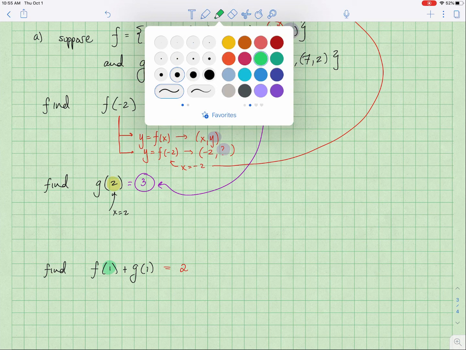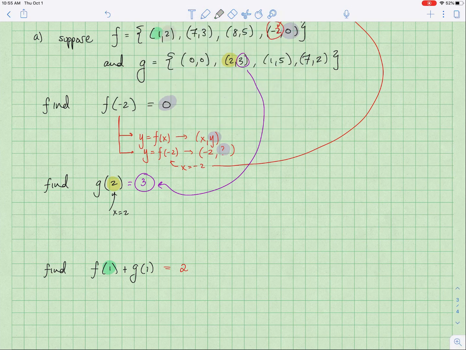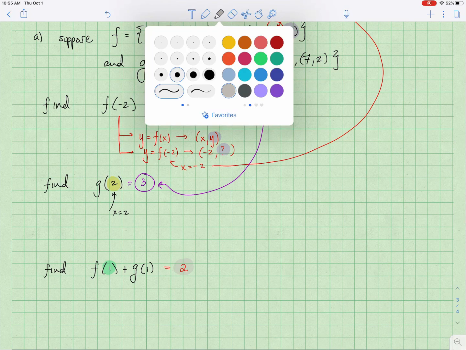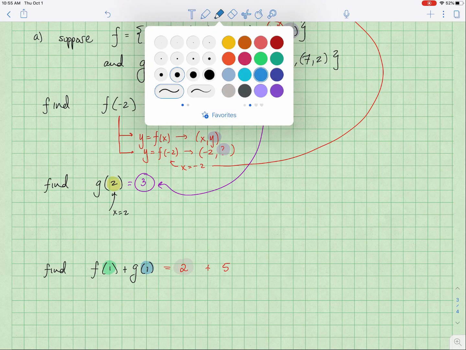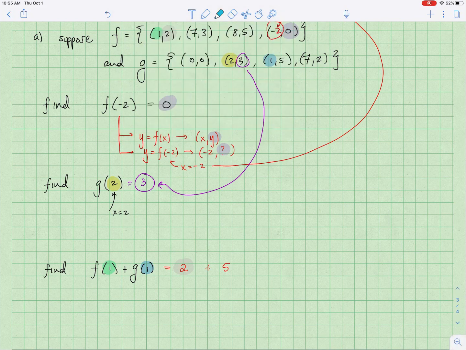And then for g of 1, that's the x value for g, and it looks like that's got a y value of 5. So we'll be adding 5 here. And there it is. And so our result here is 7.